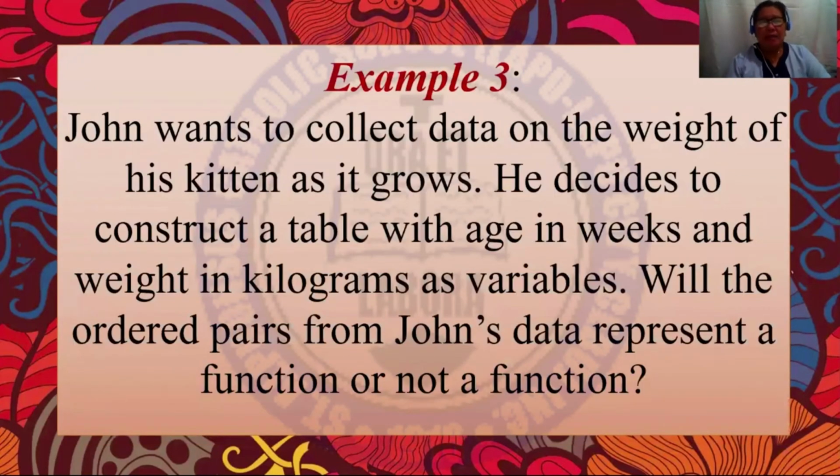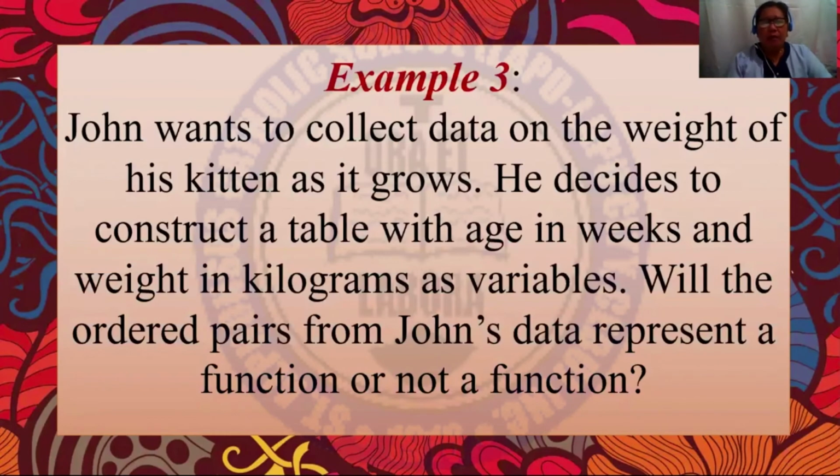Let us have example number 3. John wants to collect data on the weight of his kitten as it grows. He decides to construct a table with age in weeks and weight in kilograms as variables.